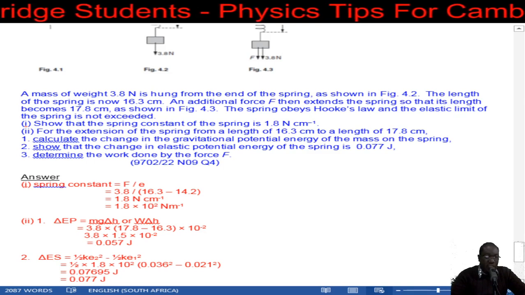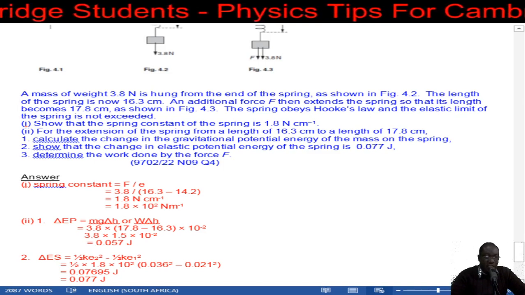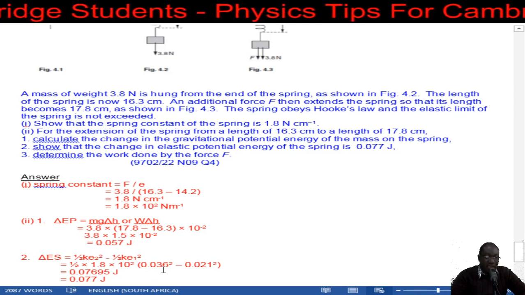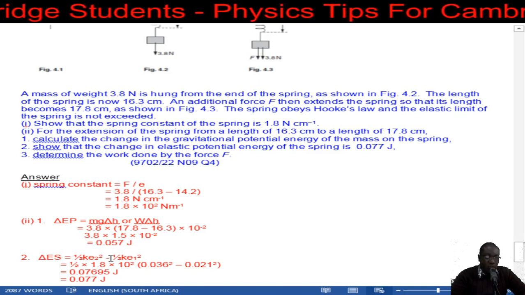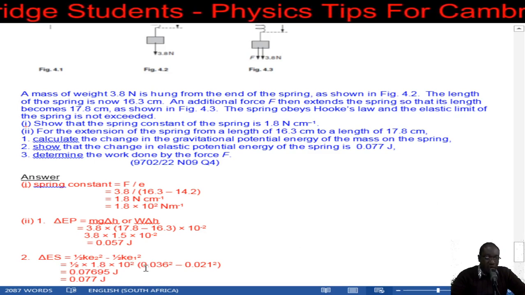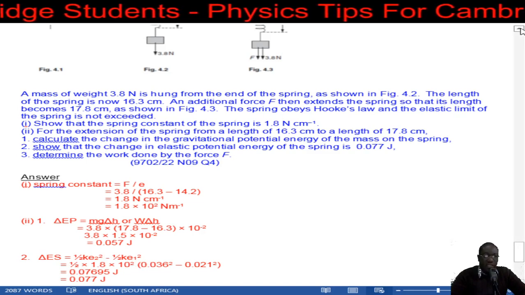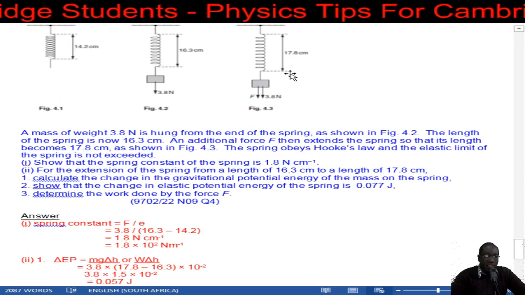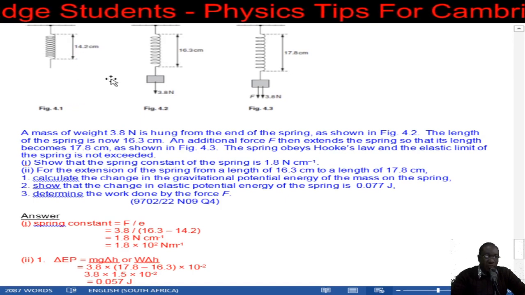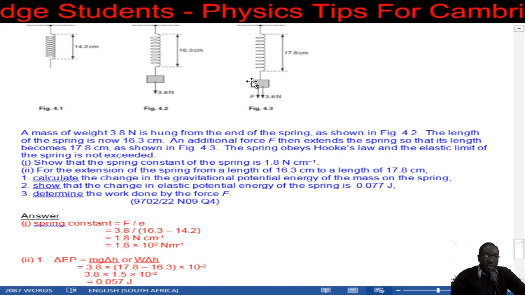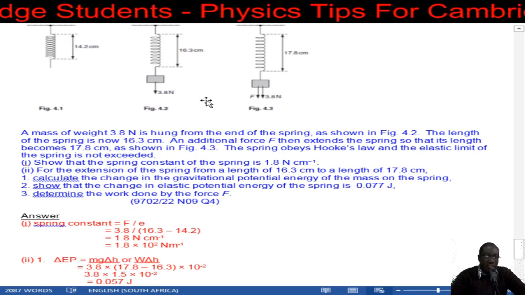Now the change in the elastic potential energy is equal to half ke2 squared minus half ke1 squared. Now e1 is 16.3 minus 14.2, and e2 is 17.8 minus 14.2, the extensions.